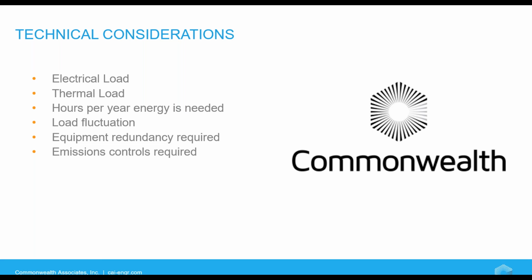A second would be thermal load, which is similar to electrical load. As part of the CHP process, knowing what heating portion of the CHP is required to do is vital. What is the goal of the CHP heating? Many of the universities, commercial sites, industrial sites, and hospitals that we've worked with use the heating portion to help heat common areas such as air heating, potentially water heating, even pools, laundry, kitchens.